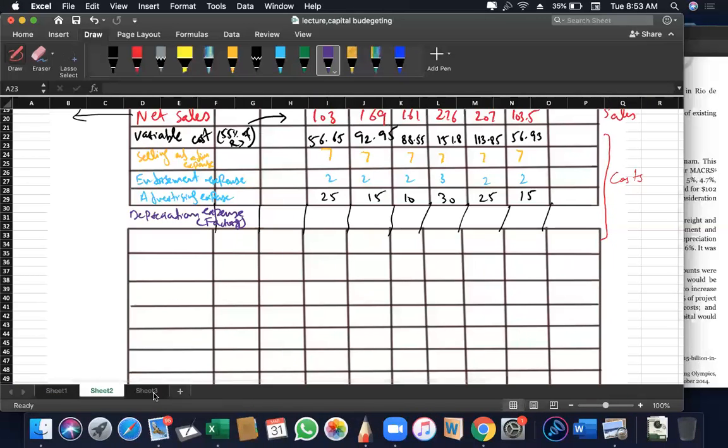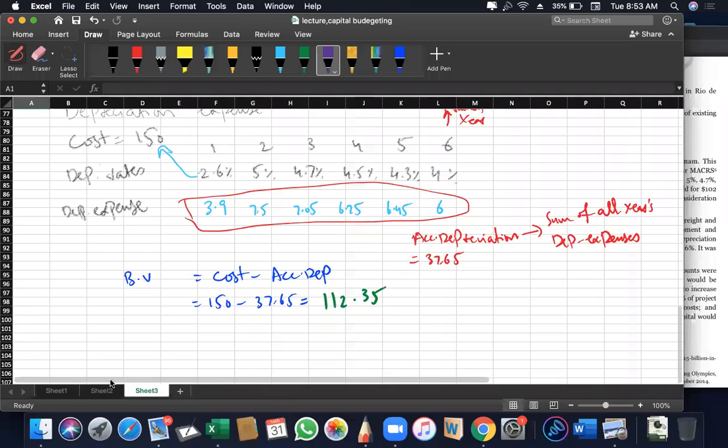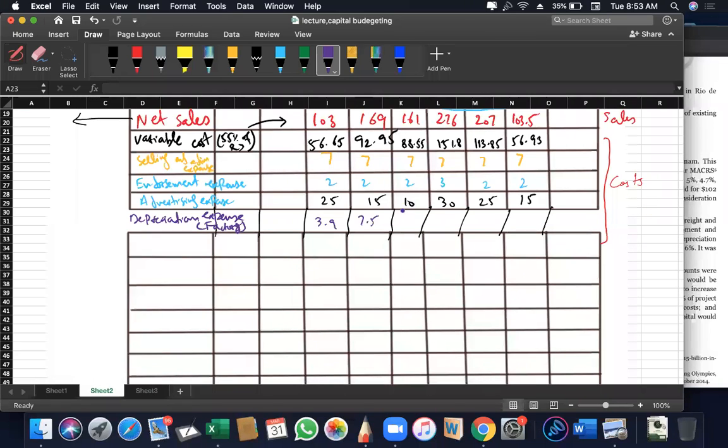So what are the values? 3.9, 7.5, 7.05, I think 6.75, 6.50, and here it is 6.45. So this was the depreciation expense of the factory.